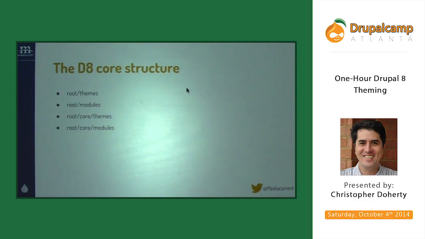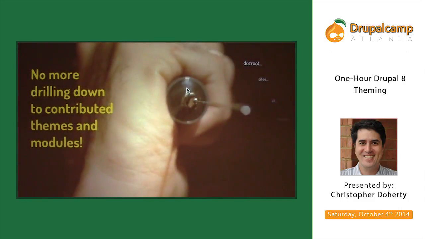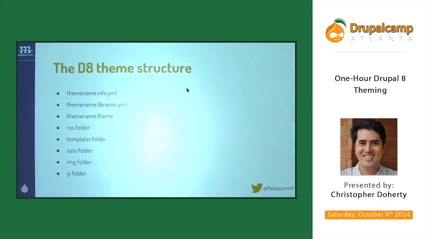That's actually for contrib and custom themes and modules, right in your root. Then there's also a core folder, and inside that is where the core theme and modules folders live. So it's nice. You don't have to drill down into docroot, sites, all, themes. It's a lot cleaner, a little flatter, much easier to use.